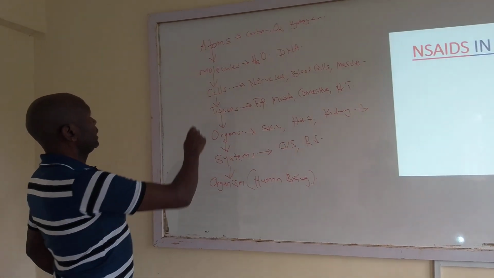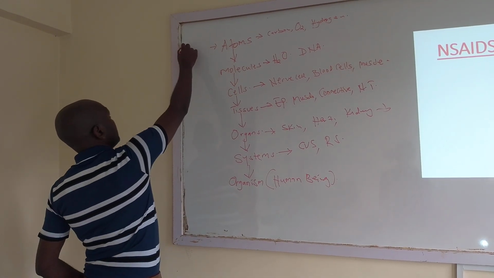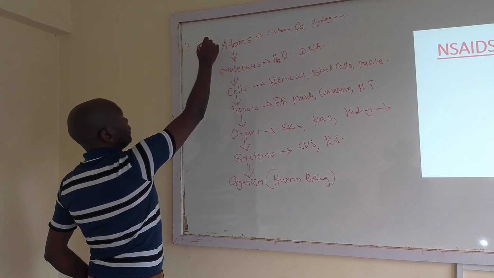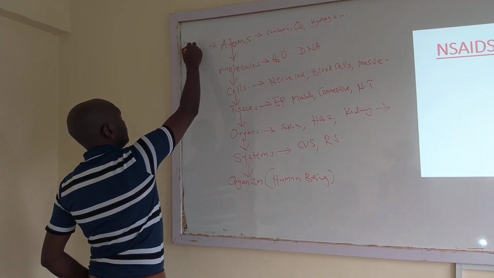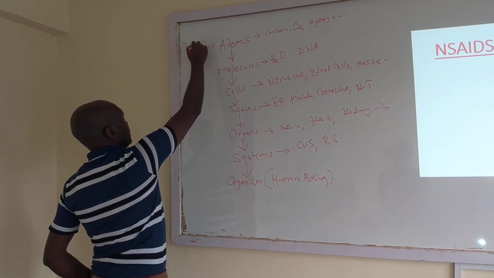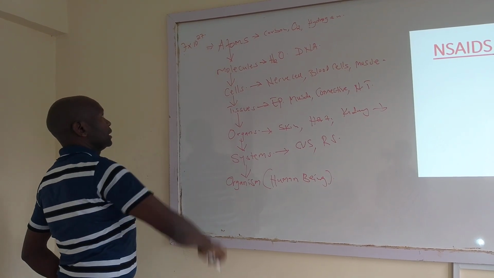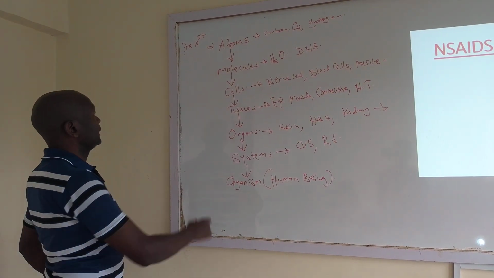In the human body, we have about 7 octillion atoms. Octillion is written as 7 times 10 raised to power 27. So we have 7 octillion atoms in the human body.